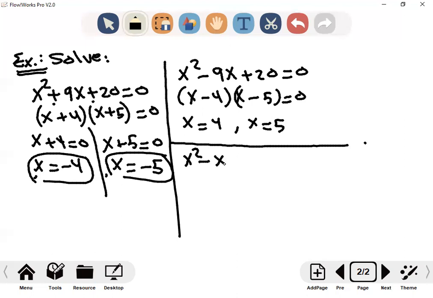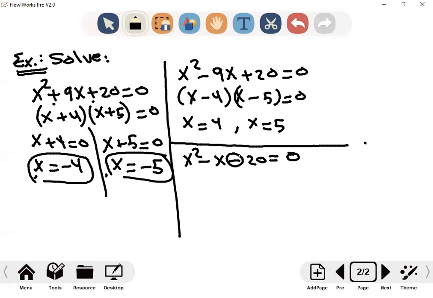x² minus x minus 20 equals 0. I want two numbers: if you multiply them, 20, and if you add or subtract them, 1, which is the number beside x.